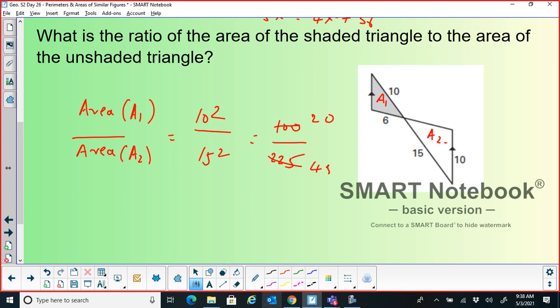Further I can simplify, this is 5 times 4 and this is 5 times 9. So I have 4 and 9. I can't simplify further, so the ratio is 4:9.